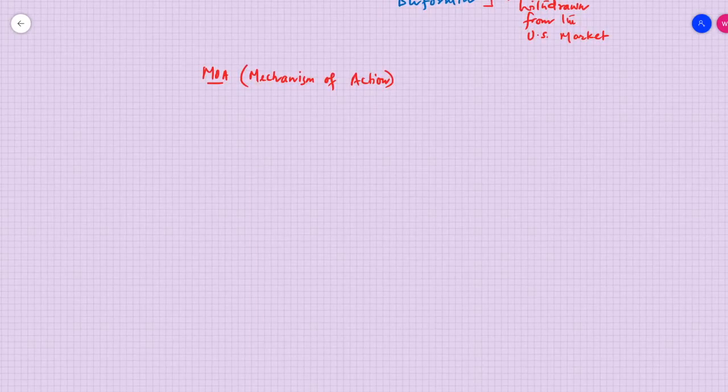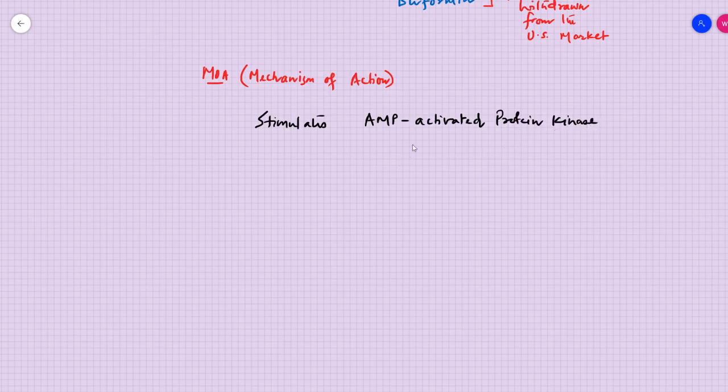Recent evidence shows that metformin stimulates AMP-activated protein kinase, abbreviated AMPK. AMP meaning adenosine monophosphate.